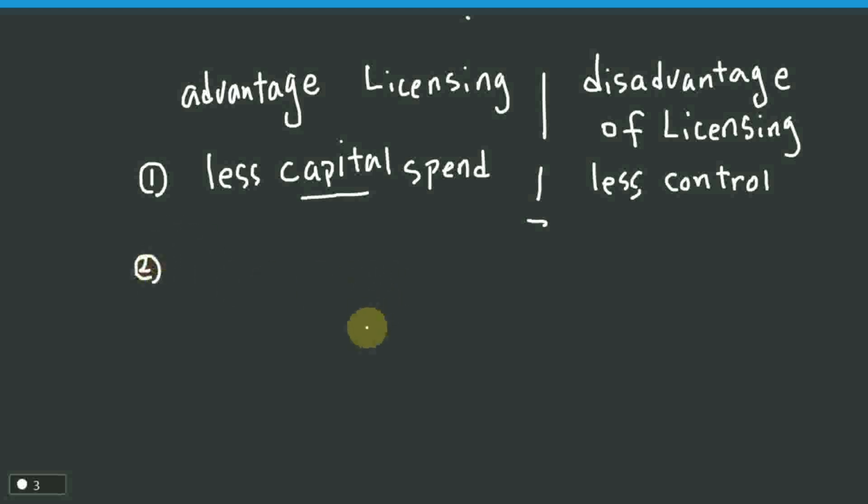Next, an advantage of licensing is you can use cross licensing. The meaning of cross licensing, I told you in the previous class, is the exchange of licensing between licensor and licensee.